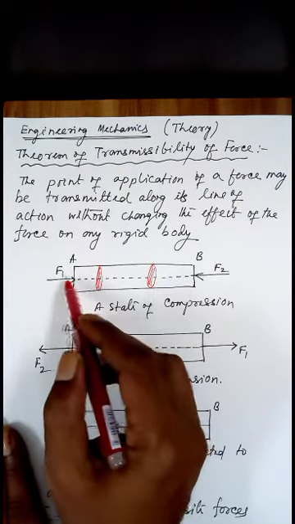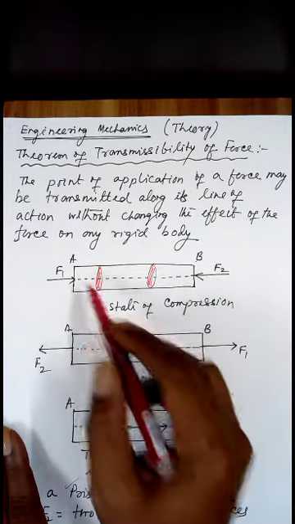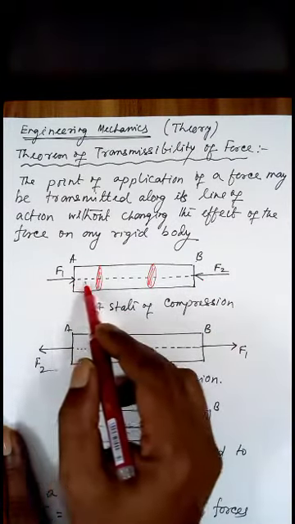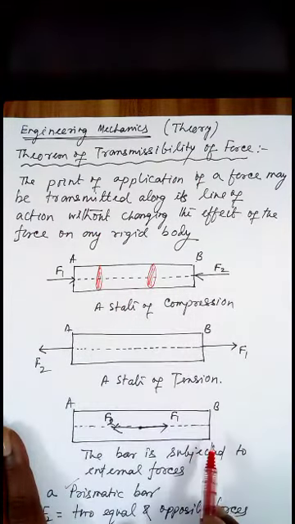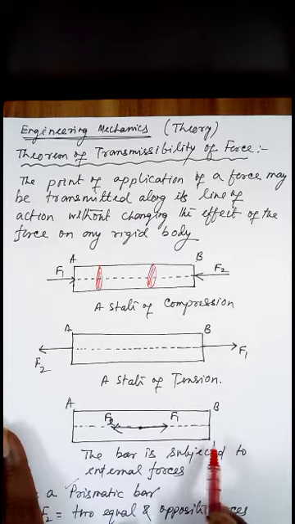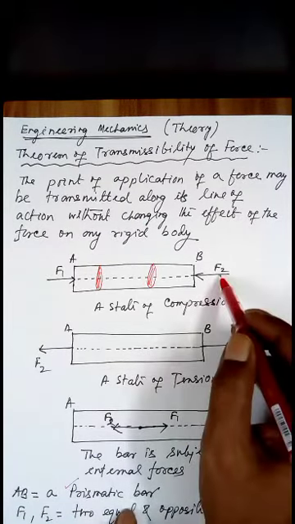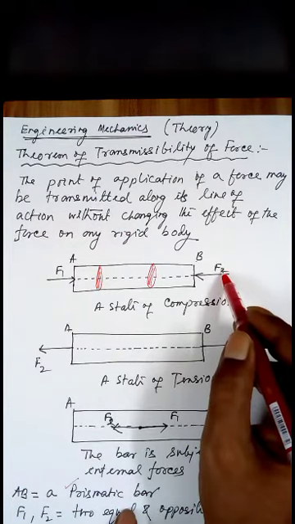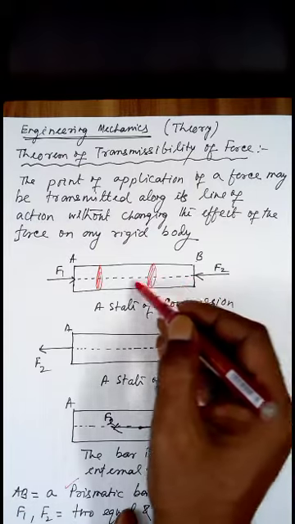At this end A is a force F1, at the end B is a force F2. The dotted line is the line of action of both the forces, which passes along the axis of the bar. Now the theorem says you can transmit this force F2 from this end to this end along the line of action.